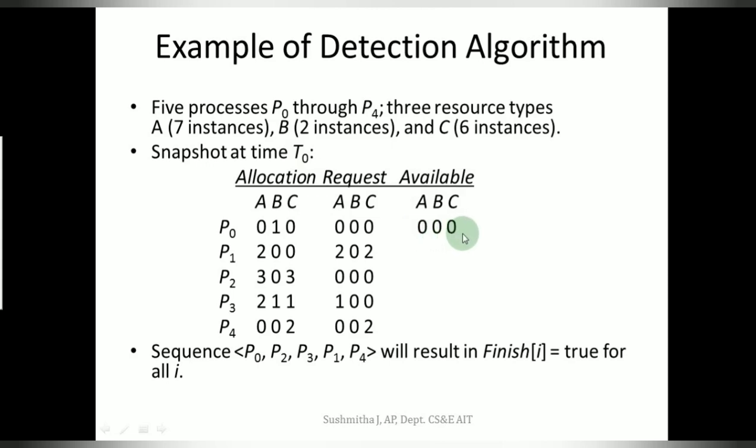Fine. Now according to the algorithm, we must make sure that we check if the request is less, and if we can allocate, then we make it true. This is the sequence that I have got. Let us see how we have got this sequence.